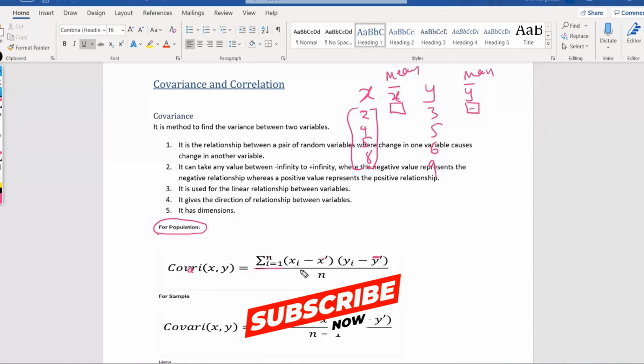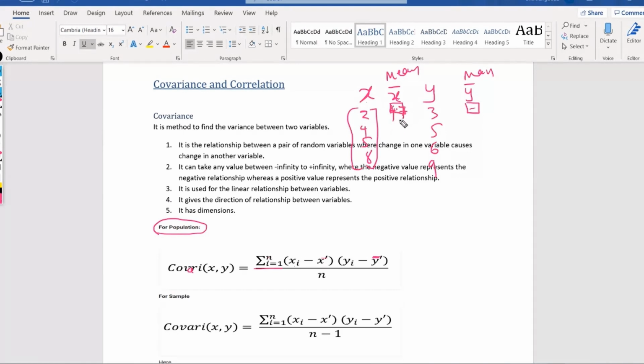So suppose 4 plus 2 is 6, 6 plus 5 is 11, plus 8 is 19, 19 divided by 4, 4 point something, 4.7. Assume that 4.7. Okay, 4.7 is the mean for x, and if I take here 5 plus 3, 8, 6, 14, plus 9, 23, 23 by 4, 5.6. 5.6 is the mean.